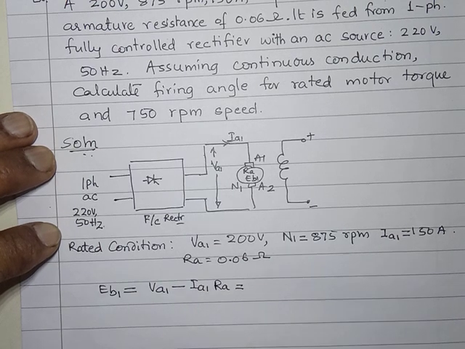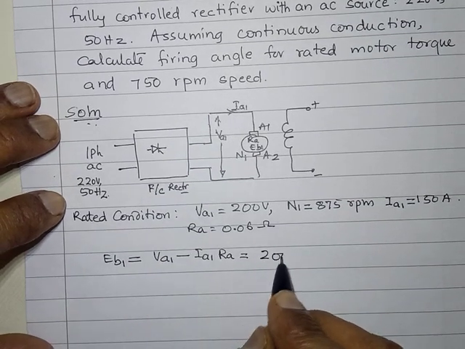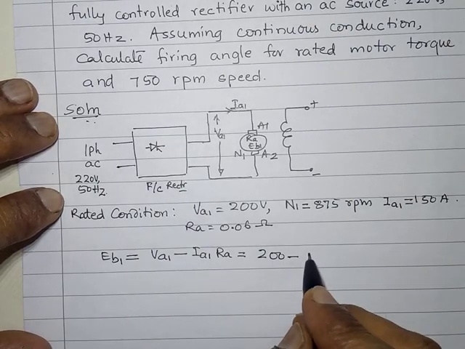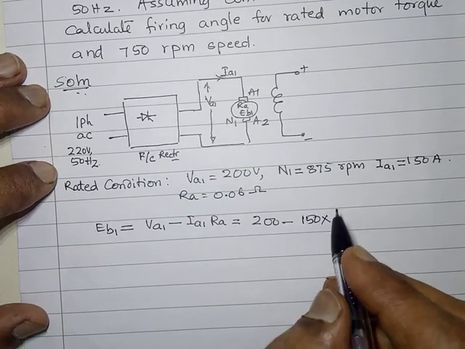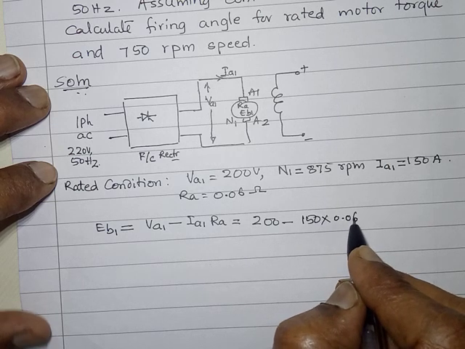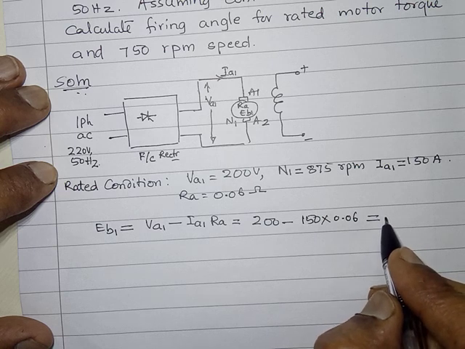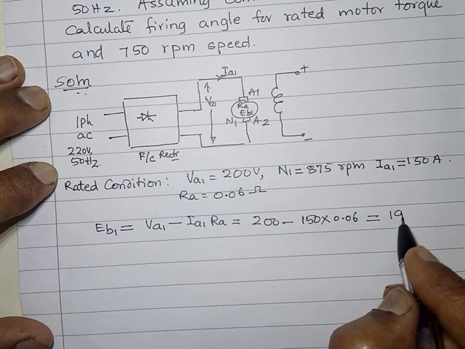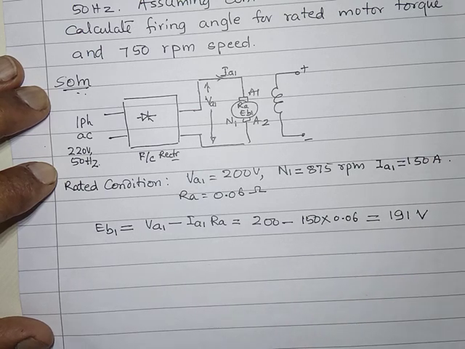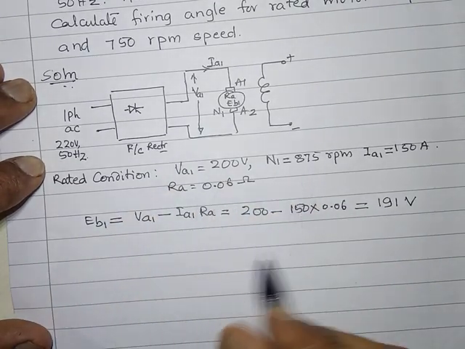VA1 is 200, IA1 is 150, RA is 0.06, which will give me this EB1 as 200 minus 9, 191 volts. Now this is during the rated condition.